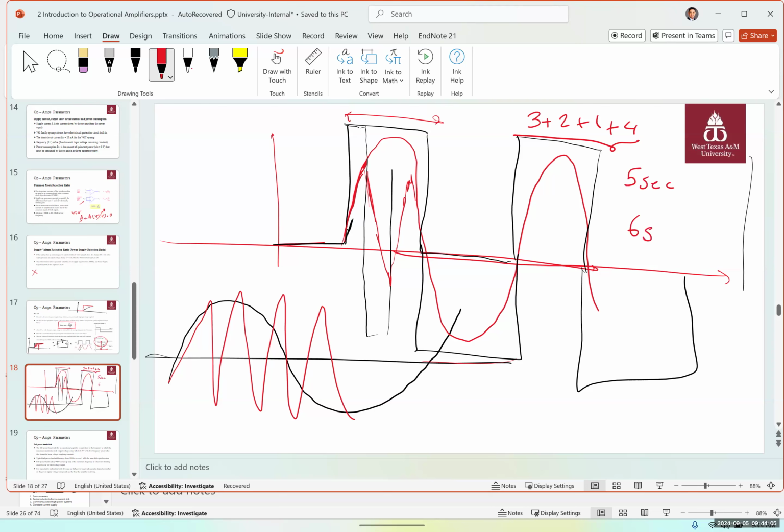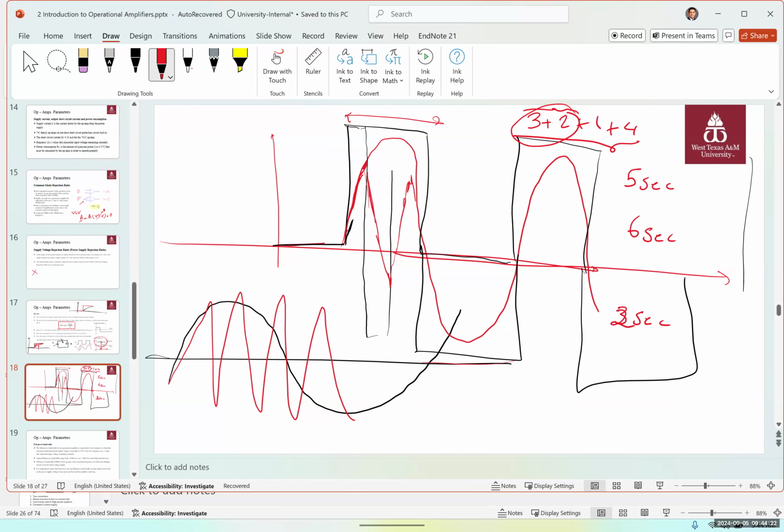So now, if I give you 6 seconds to solve this problem, everyone is able to solve it. But what if I give you 3 seconds, or 2 seconds? You're only able to add 3 plus 2. So you're going to have half the answer. You're not going to have the full answer.